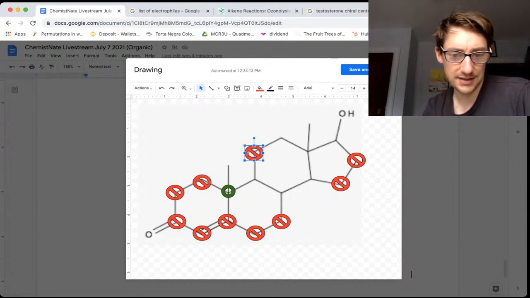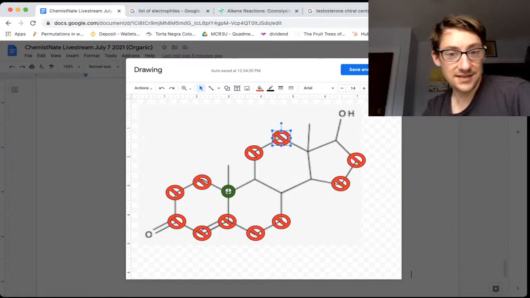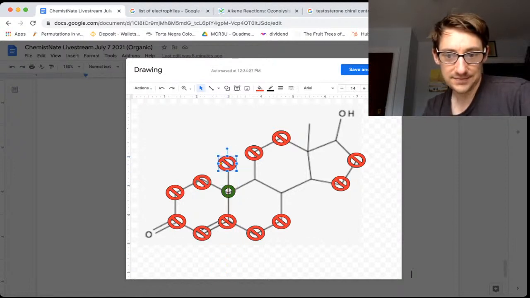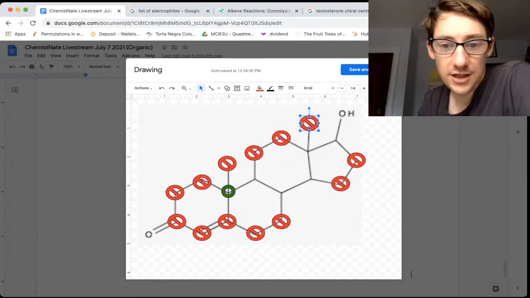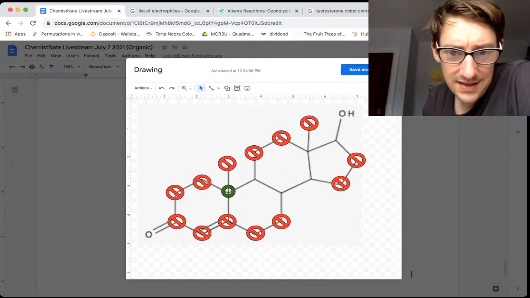This one can't be chiral. And this technically counts as a carbon, but it's the end of a methyl group or a CH3 group. Therefore, it is not either. And for the same reason, I'm going to say that this one's not. Cool. Okay, let's look at some of these other centers.